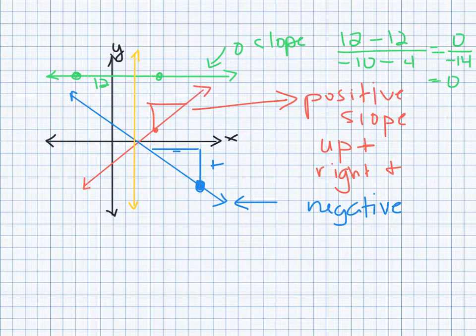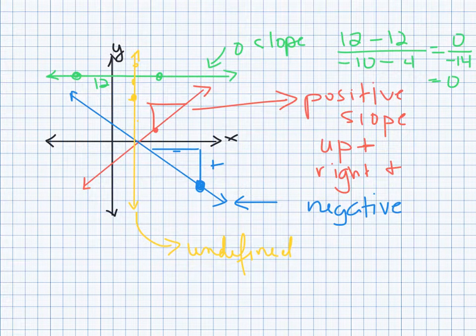Which means that this one right here has an undefined or no slope. Because you're going to move on the y but not on the x. So your denominator is always going to be 0. No matter where your x is, no matter where your vertical line is, it doesn't matter. Your x is the same because the x of this point is the same as the x on that point, that point, that point.